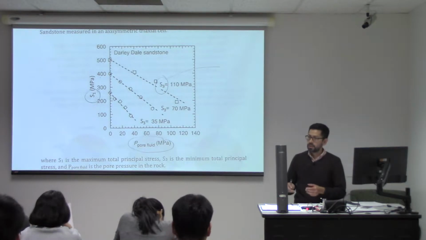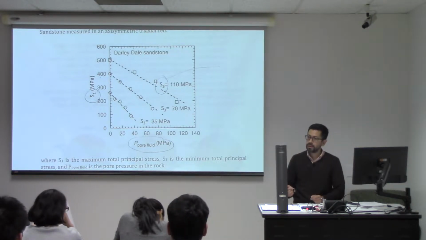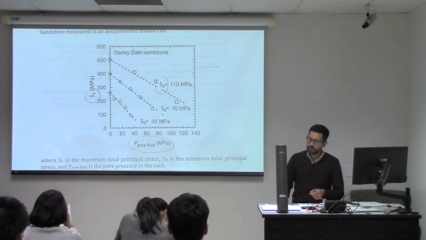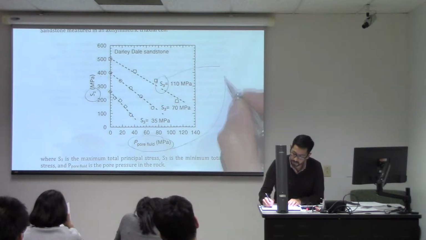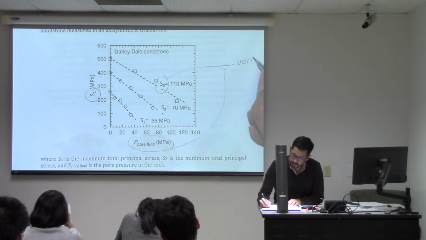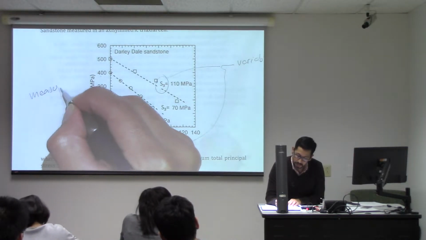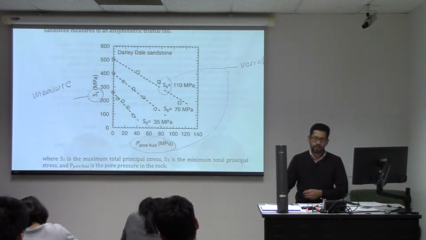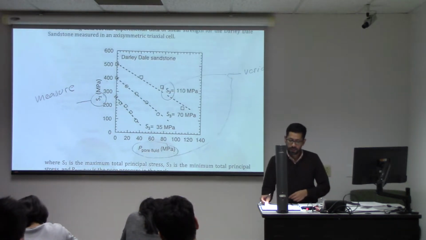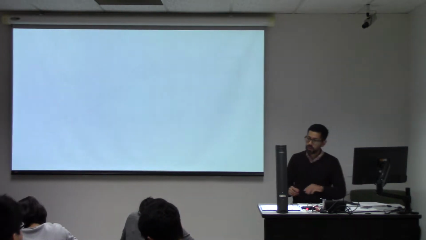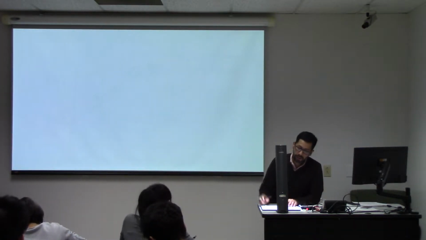Those are the three variables. Well, actually, you will vary these two, and you will measure this one. That's the maximum value that the rock can resist. After that, you get to failure.